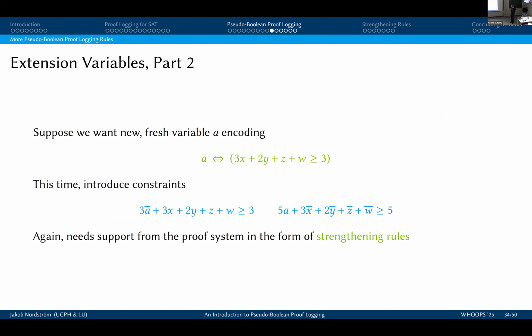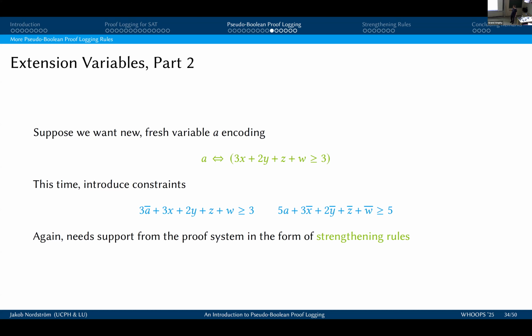We can also do extension variables, which is sometimes called reification. So I can introduce a new Boolean variable that is true only if this, say, 0-1 integer linear inequality, this pseudo-Boolean constraint, is true. If you think about it, this is these two constraints. The first one is easier to see: clearly this says that if A is true, then this inequality must hold.